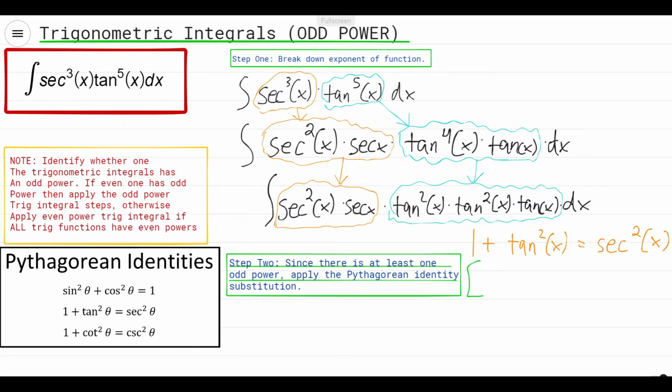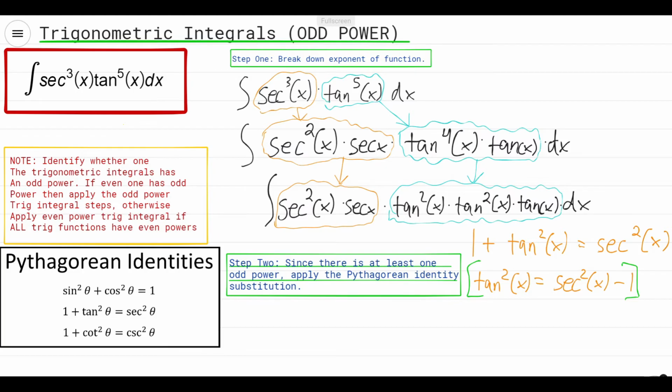So for substitution purposes, we know that tangent squared x is equal to secant squared minus 1. And why am I selecting tangent squared x as a substitution? Because it's the one that has the highest power, because tangent's to the 5th power and secant's to the 3rd power.